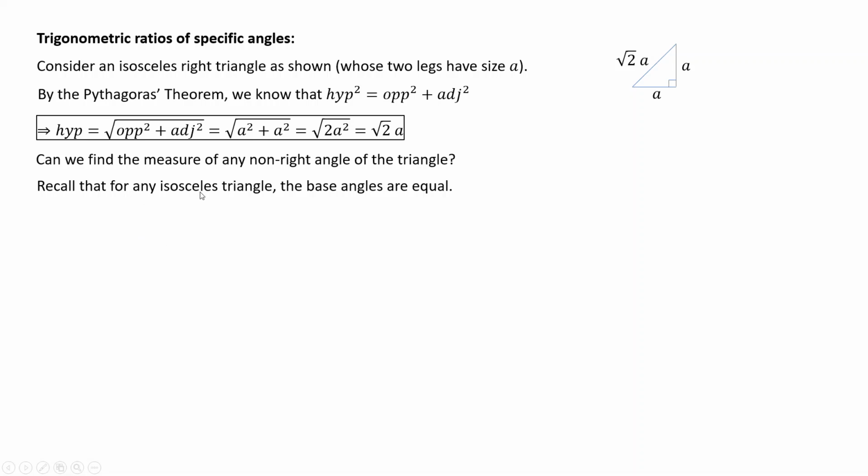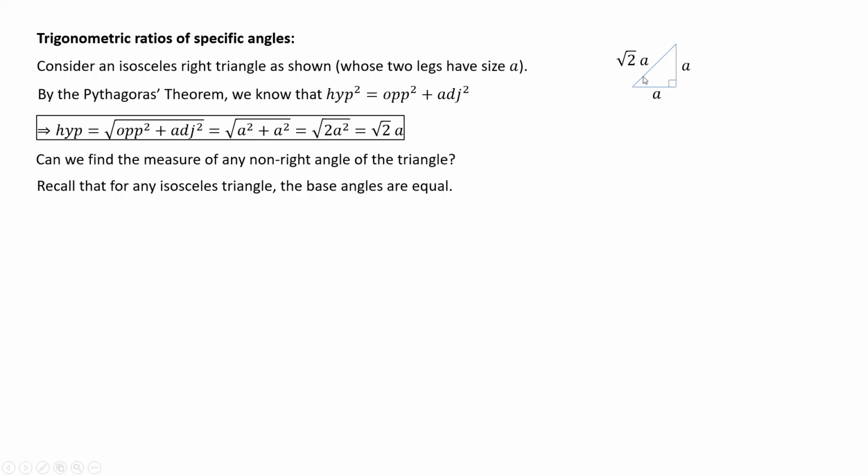Recall that for any isosceles triangle, the base angles are equal. The base angles? What in the world is that? If this bottom segment and the vertical segment are the two equal sides, then at the base, not at the apex, so this point would be the apex, whereas these two points would be the base.